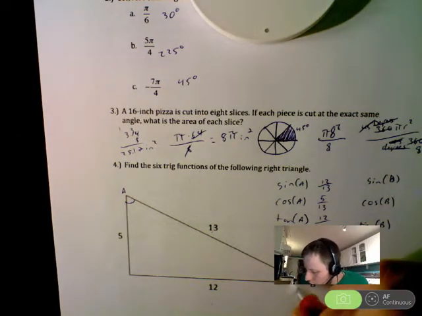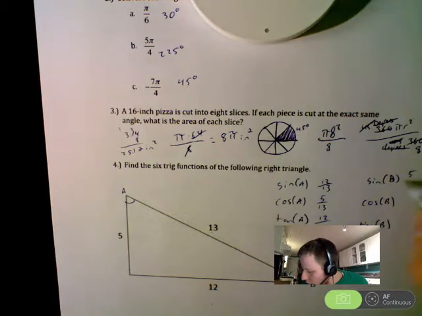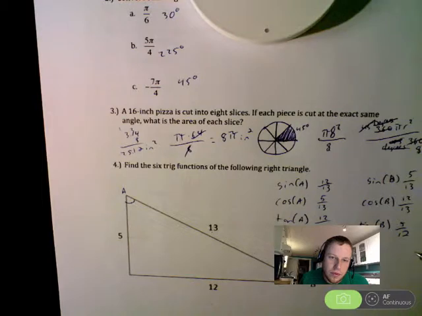Sine B, which is this angle here, opposite 5, hypotenuse 13. Cosine B is adjacent, 12, over hypotenuse 13. And tangent ends up being 5 over 12. And that is how you do the front side.